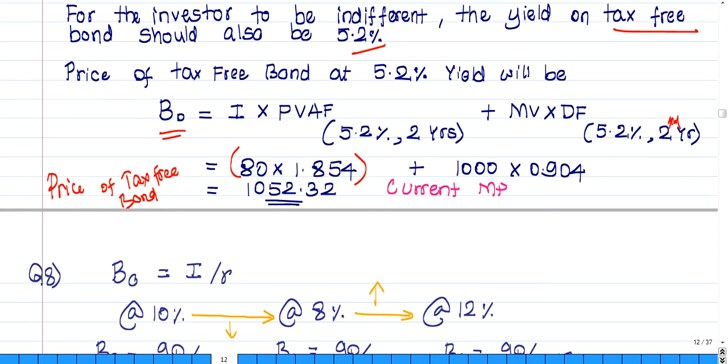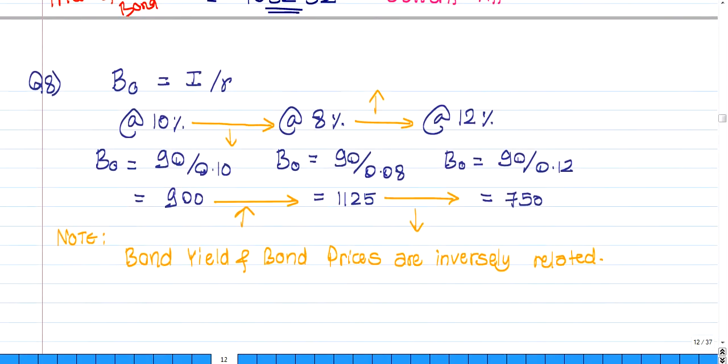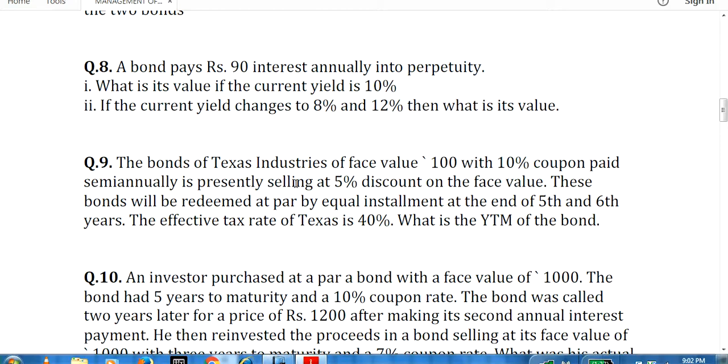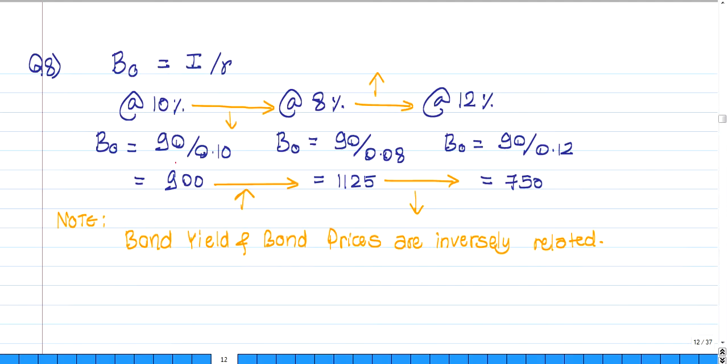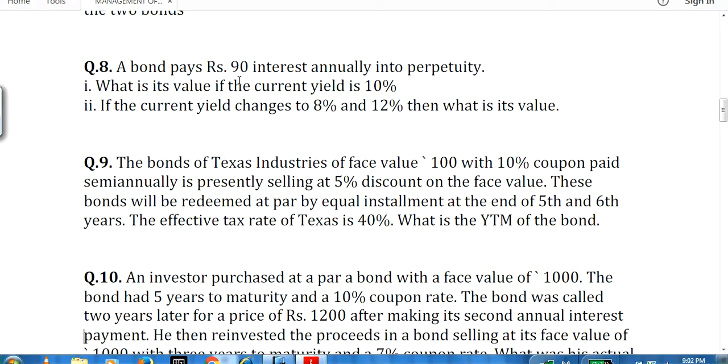Okay, let us move on to question number 8. A bond pays 90 interest annually into perpetuity. So the formula is I divided by R, very easy. What is the value if the current yield is 10%?